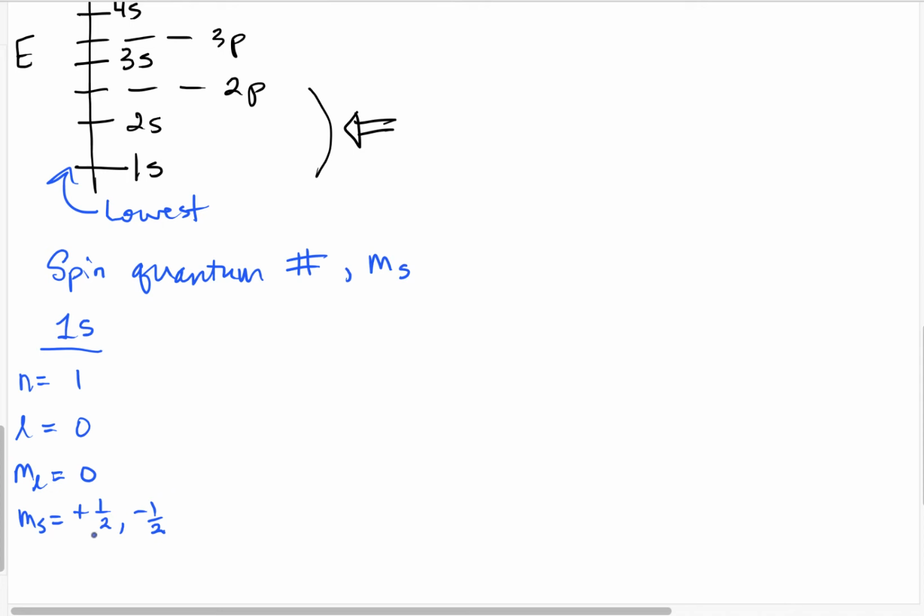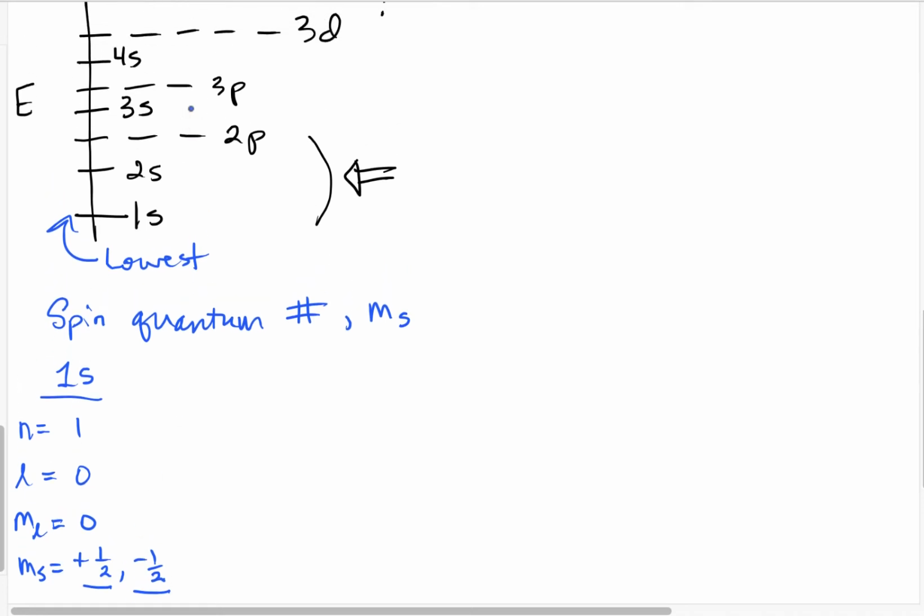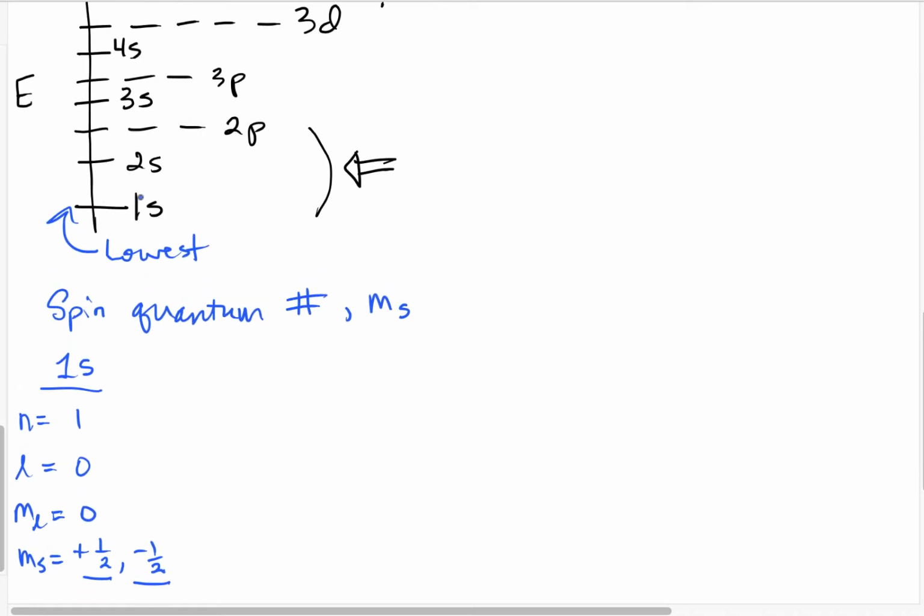And this is how the spin quantum number actually helps us out, because that tells us that for the 1s orbital, we can have one electron that has the quantum numbers 1, 0, 0, plus 1/2. That's one electron.